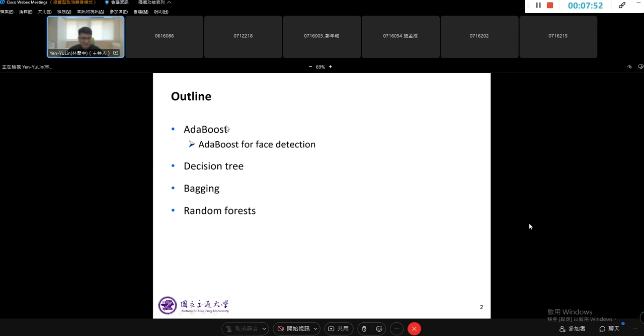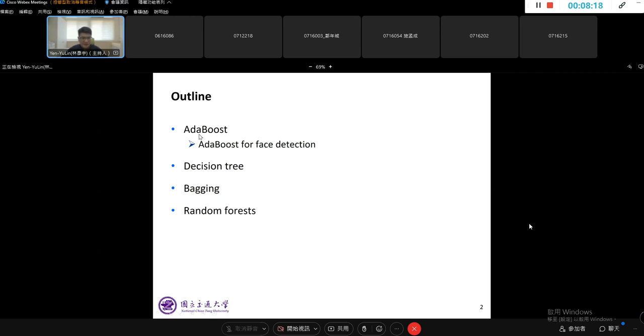AdaBoost is a representative method in the family of ensemble methods. It provides an efficient and effective way to combine multiple models and to boost the performance. So this is the reason why we call this algorithm AdaBoost.